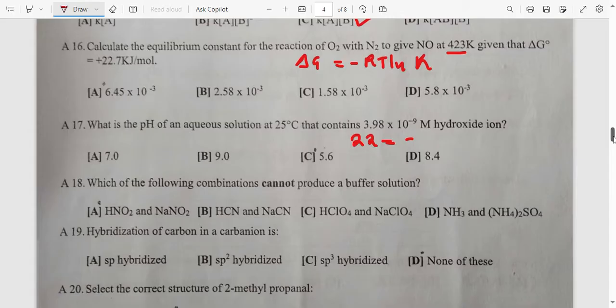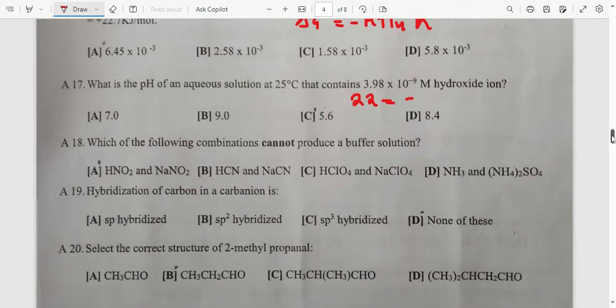Now, you need to make sure that you pick the right unit.